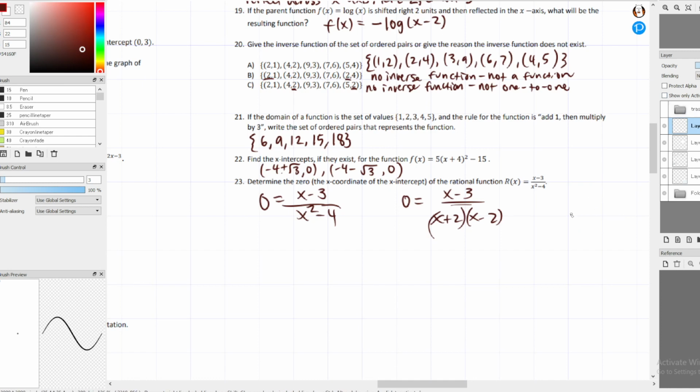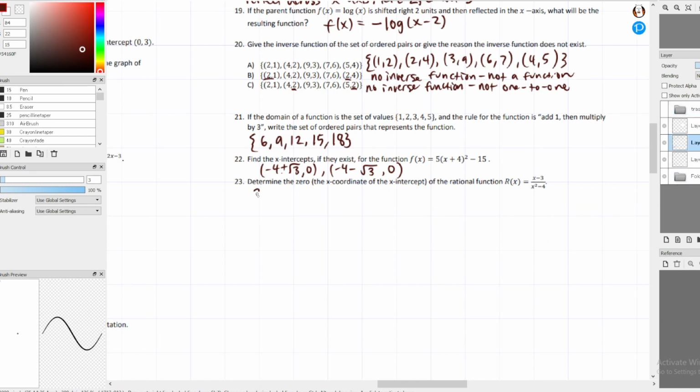So we actually only need to worry about the top, the x minus 3. We're basically multiplying both sides by x plus 2 and x minus 2, but 0 multiplied by anything still equals 0. So if 0 equals x minus 3, we'll add 3 to both sides. We'll get 3 is equal to x. So our 0 is positive 3. We'll just say x equals 3.